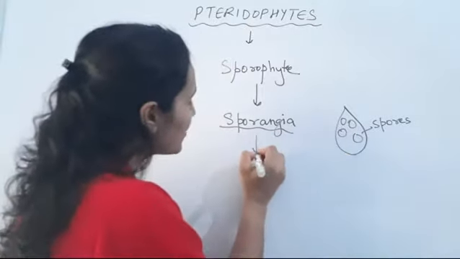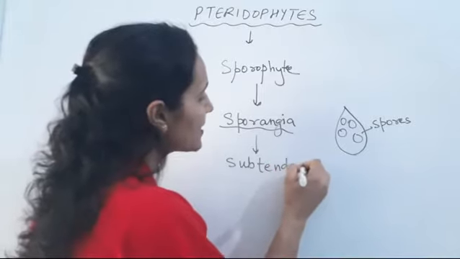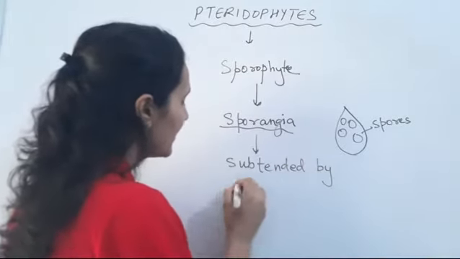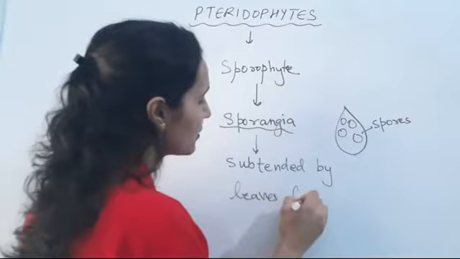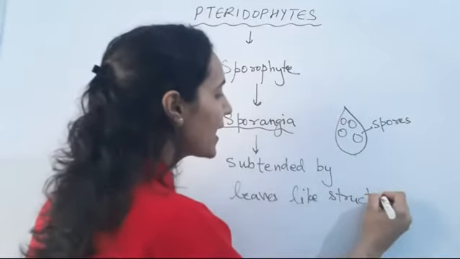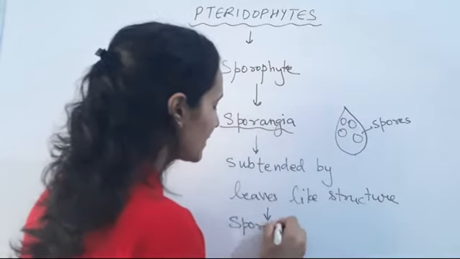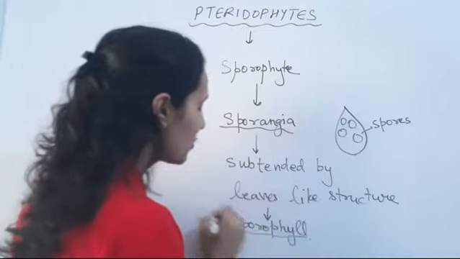This sporangia is subtended by a leaf-like structure, and that is known as sporophyll.